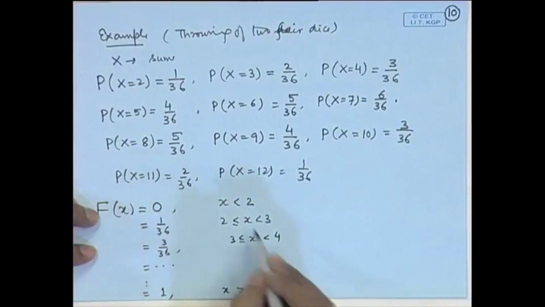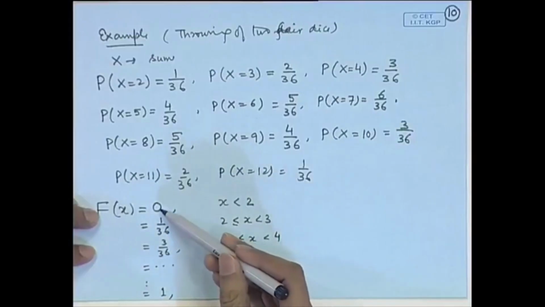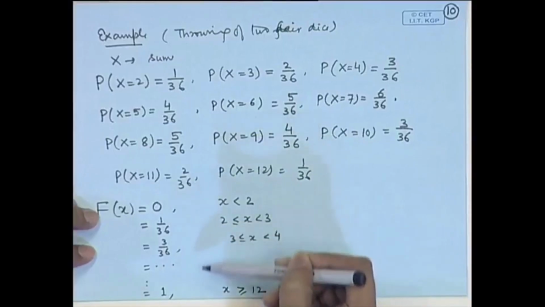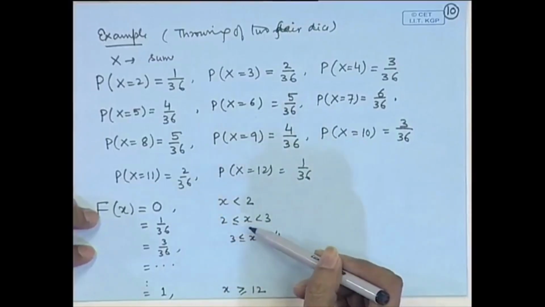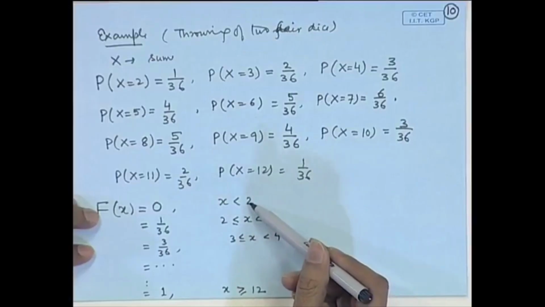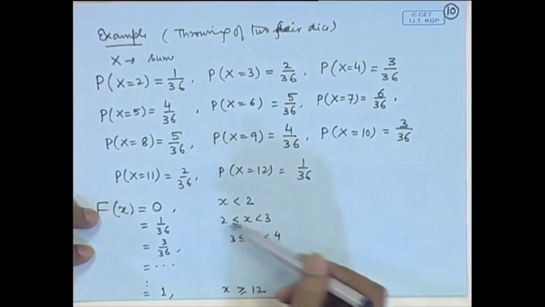So, you can again see here that it is satisfying the properties of the CDF. As x tends to minus infinity it is 0, as x tends to plus infinity it is 1. It is a non decreasing function and it is continuous from right. Let us check the continuity from the right at the end points of the intervals where the value of the function is changing.